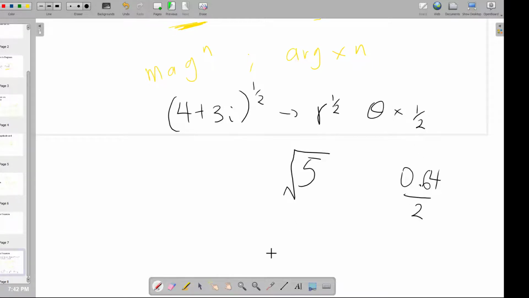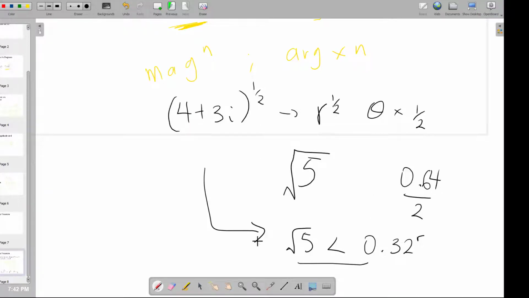So in the end, the square root of 4 plus 3i should be square root of 5 with an angle of 0.64 over 2, which gives us 0.32 radians. We can take this and convert back to rectangular form if the question demands so.